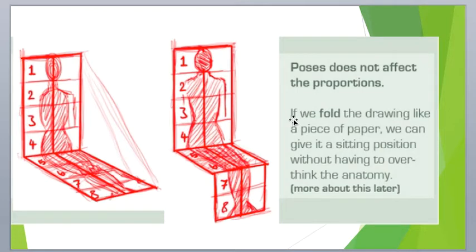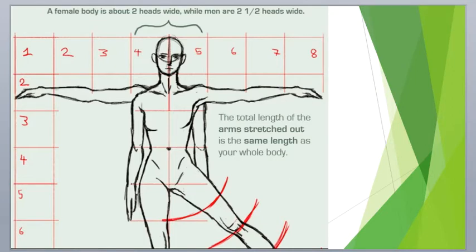If we fold the drawing like a piece of paper, we can give a sitting position without overthinking the anatomy, which is the structure of the human body. No matter if that person is standing or sitting, the structure and head length should not change. It should stay the same. Something to remember when you draw.